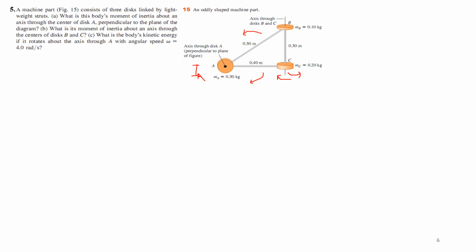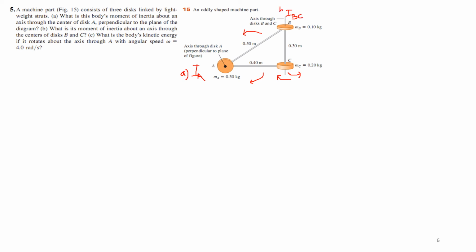This is sub-question A: moment of inertia about A. B. What is the moment of inertia about an axis through the centers of discs B and C? There is another moment of inertia about an axis passing through the centers of discs B and C. This is equal to what?